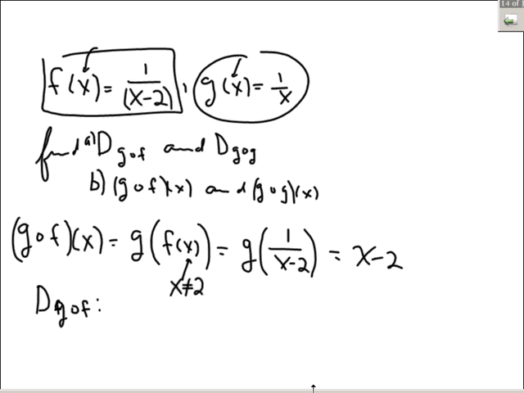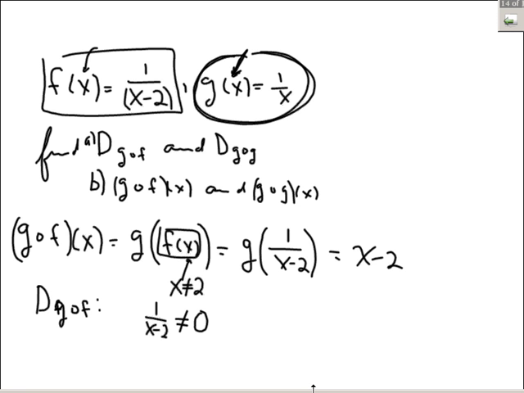Now you're taking g of something. You're taking g of 1 over x minus 2. What can it not be? It has nothing to do with 1 over x minus 2; it has to do with what you can and cannot take g of. You can't take the reciprocal of 0. But will it ever be 0?